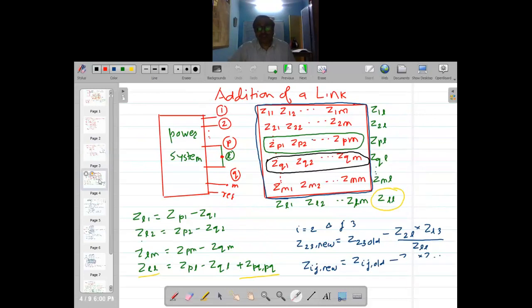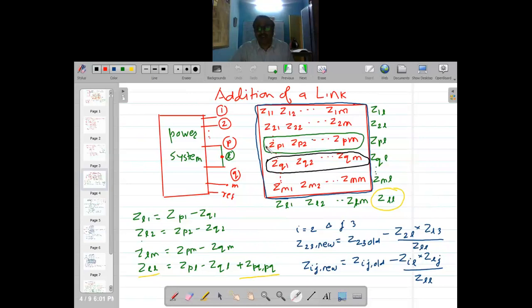Whenever we are adding a link, we are actually adding no new node, because a branch or a connection is there between two existing nodes P and Q. But we form a temporary node L, and we insert that node L, and the formula changes a little bit. Now ZL1, ZL2, ZL3, ZLM are calculated as this row minus this row, between the two existing nodes where we are connecting the branch, P and Q.